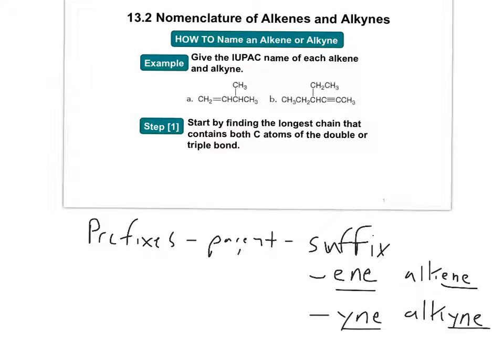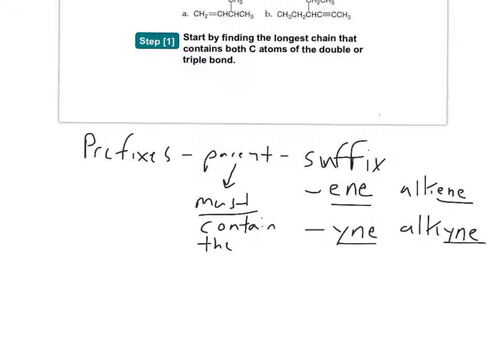But in this chapter, the parent must contain the double or triple bond. So, double bond for an alkene, triple bond for an alkyne.